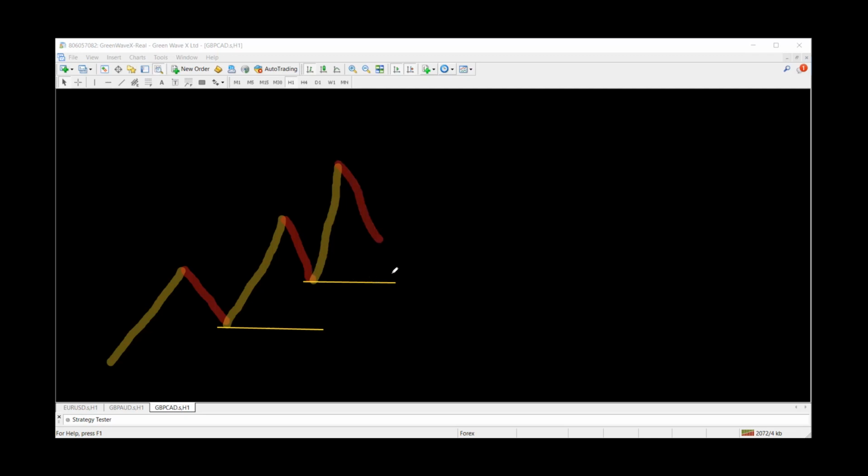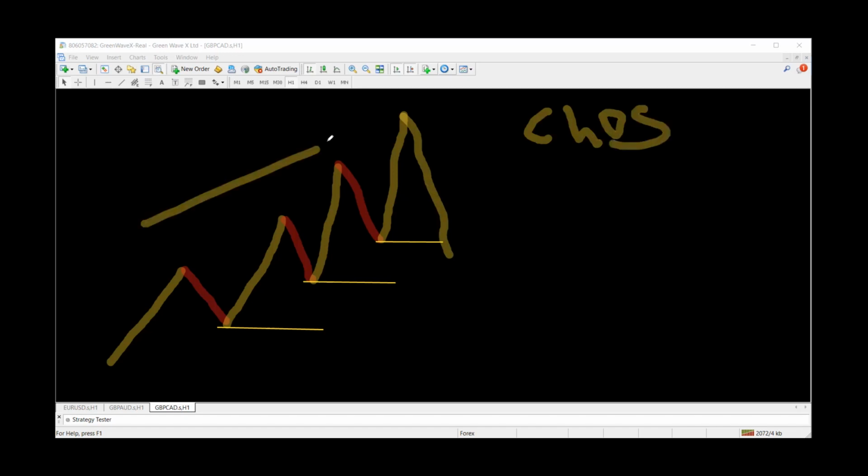If it touches it, then we have a change of market structure. But if it doesn't and breaks up to give us another higher high, this is now going to be the new low. Now let's say this time around, price comes and breaks here. That's what we call a change of market structure, from bullish to bearish.